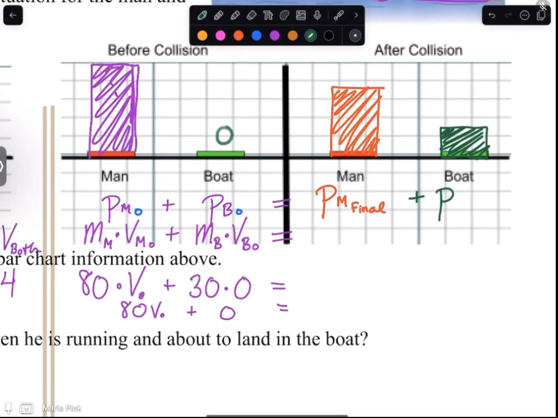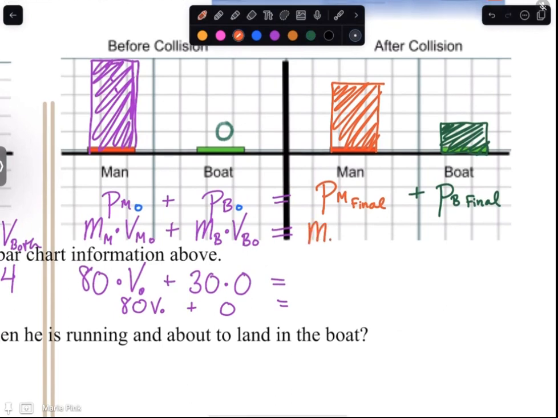So momentum, boat, final. Again, momentum is mass times velocity, so this will be my mass of my man times the final velocity. I don't know that velocity, so I'm just going to leave it as V, man final. And then I've got plus the mass of my boat times the velocity of my boat at the end.